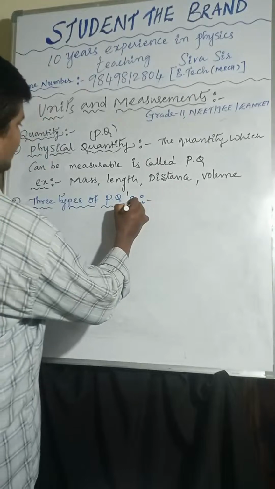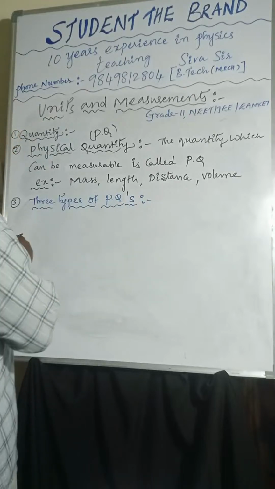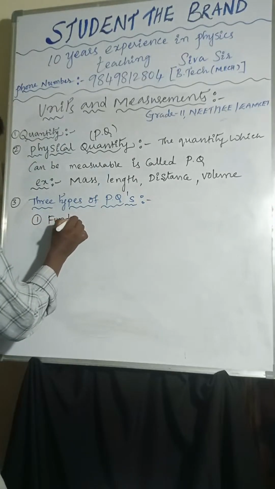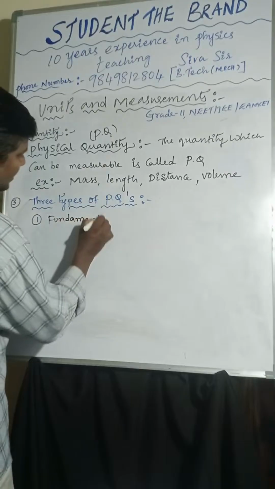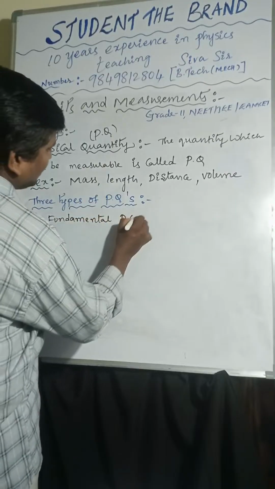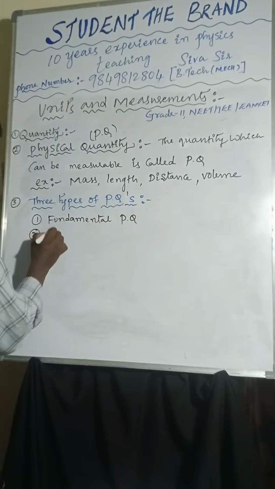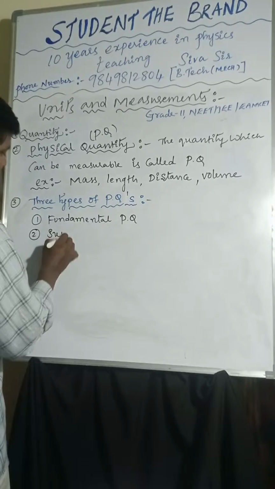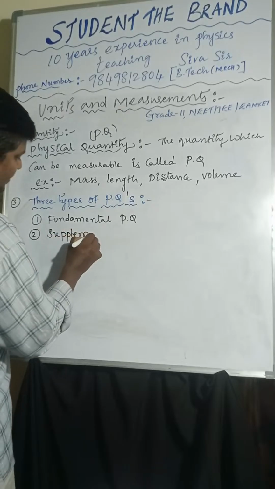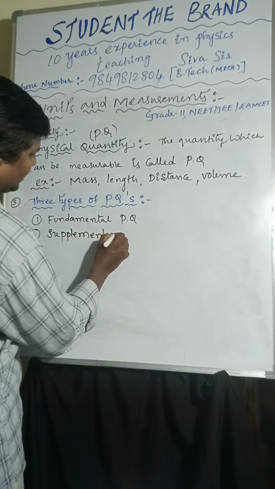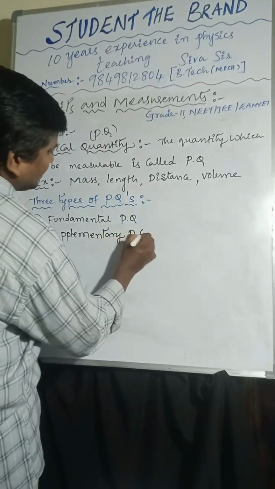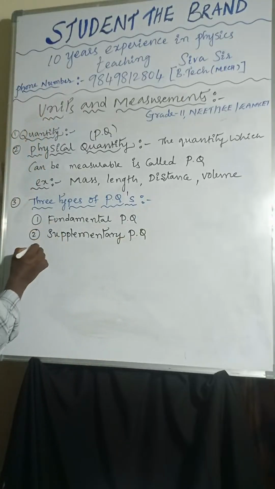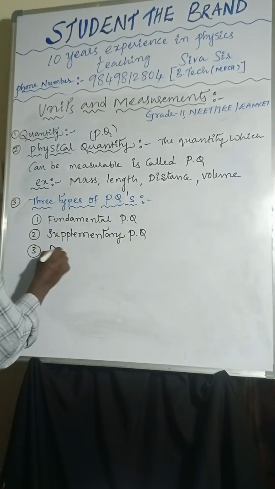First one, fundamental physical quantity. The second one, supplementary physical quantity. And the third one, derived physical quantity.